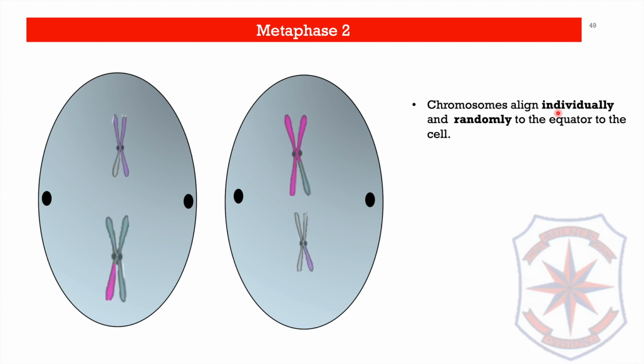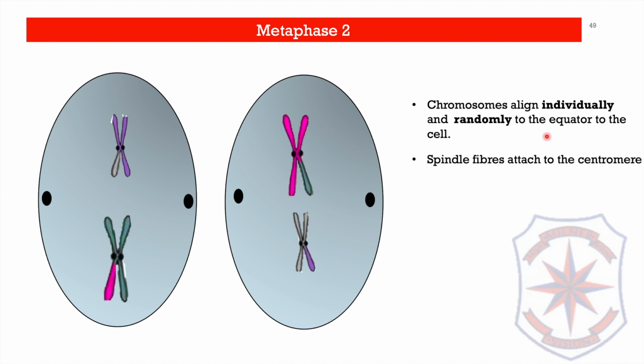Now let's check if that is going to happen. There we go. Remember, we said that the equator just means the middle of the cell. It can be a vertical middle or it can be a horizontal middle. Okay, so chromosomes align individually and randomly at the equator of the cell.